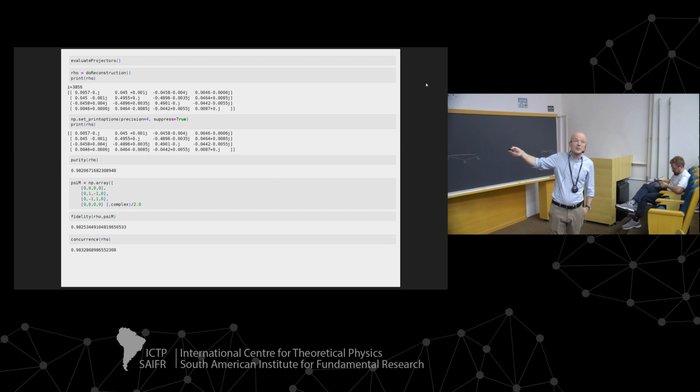After less than 400 iterative steps, we get this density matrix, which for 2 qubits, it's 4 times 4. We see that there are basically only these 4 elements populated. The rest is almost 0 or very small.